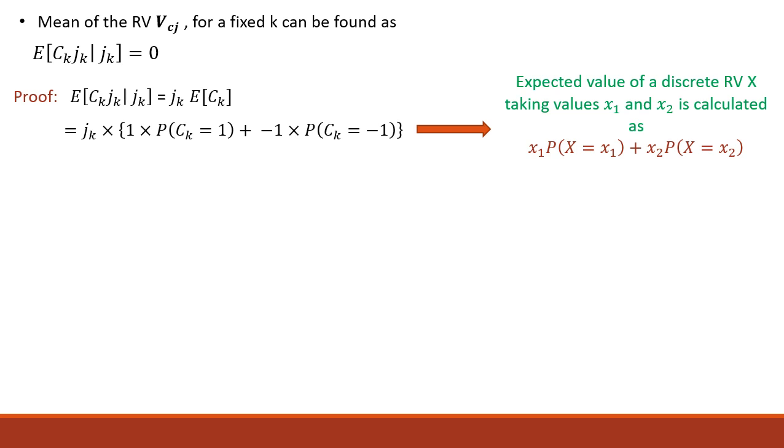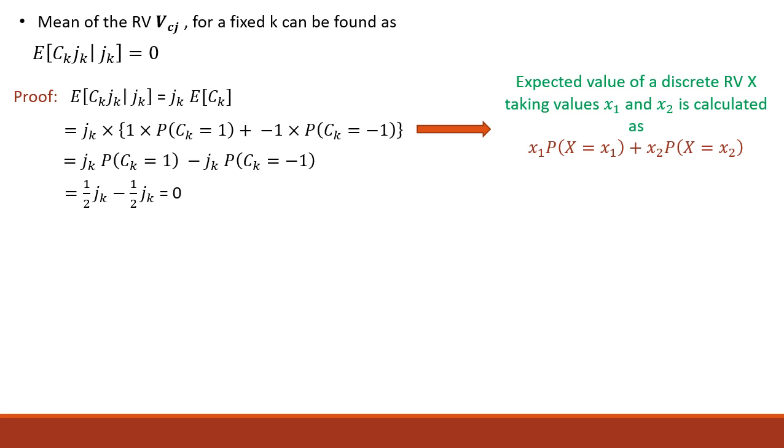Similarly here, since ck can take only two possible values, plus 1 and minus 1, the expected value of ck will be plus 1 into the probability that ck is taking the value plus 1 plus minus 1 into the probability that ck is taking the value minus 1. So this will be equal to jk into the probability that ck is equal to 1 minus jk into the probability that ck is equal to minus 1.